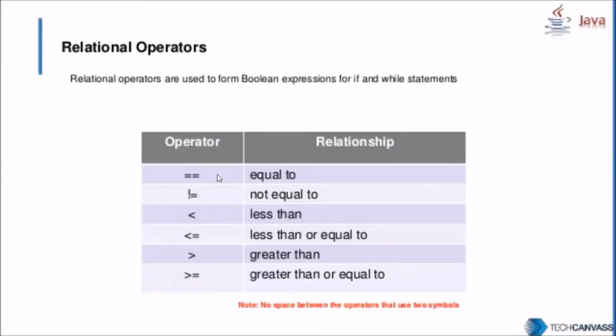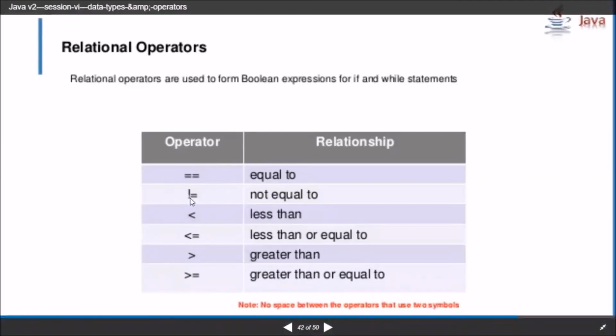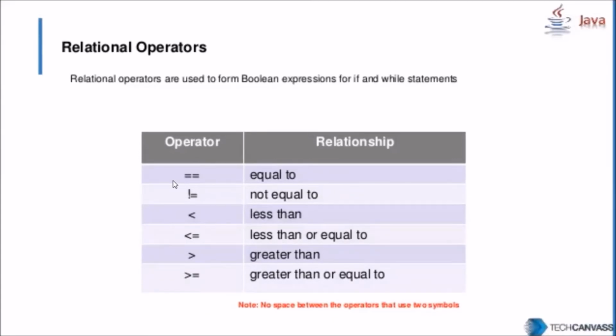To check whether they are not equal, we use exclamation and equal to. And the rest are less than equal to, greater than equal to. All right. Now these operators are generally used for comparison or evaluation purpose.